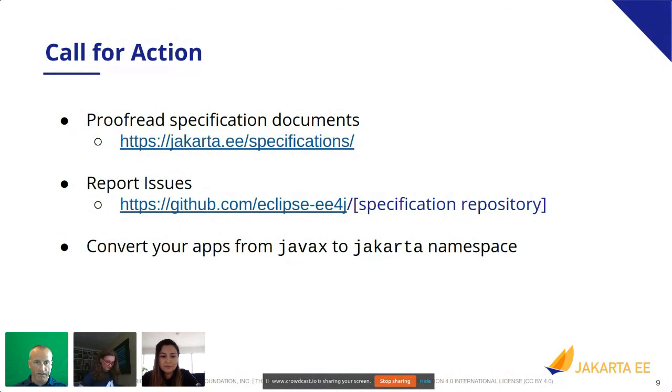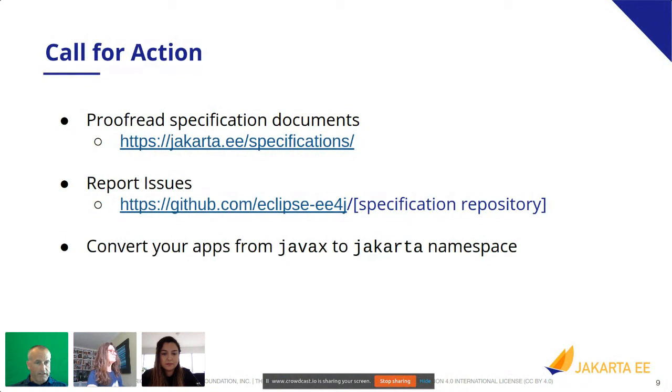Just go to github.com/eclipse-ee4j/ and then you'll find the specification you're interested in and file a GitHub issue there, and we'll look at it. And even better, if you have a fix to it, just send a pull request.